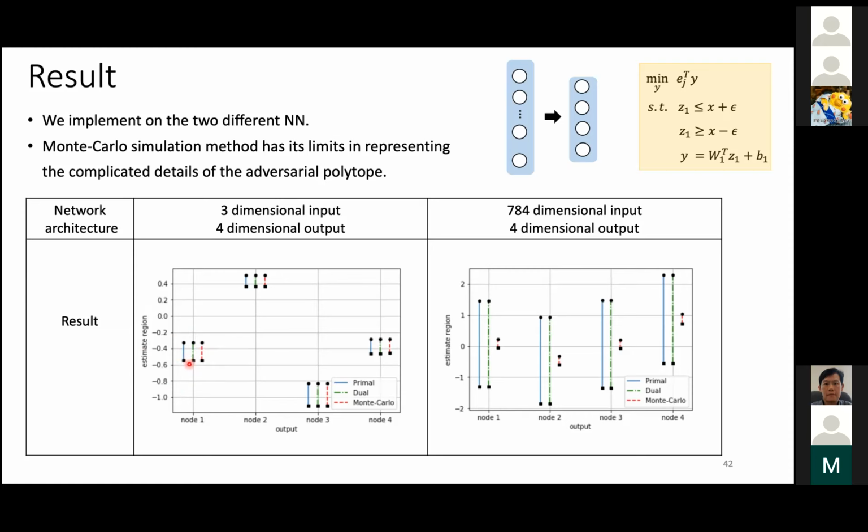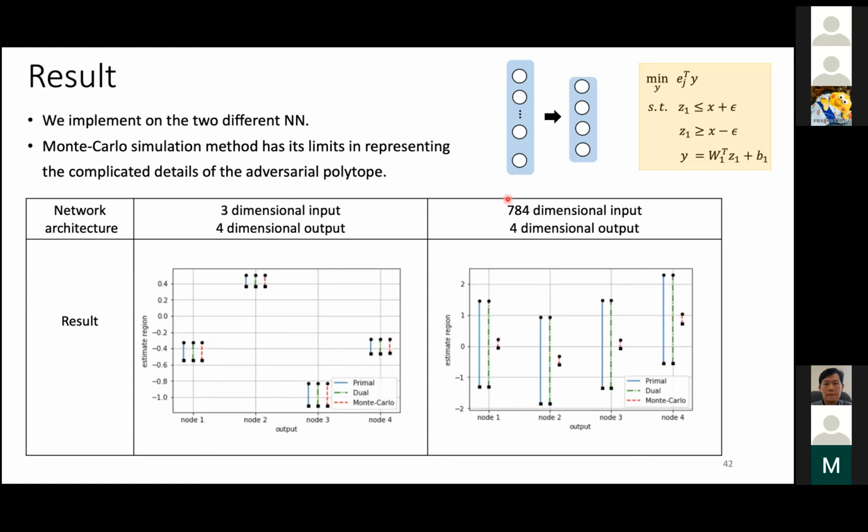So we can see that the primal is a blue line, the dual is the green line, and the Monte Carlo simulation is the red line here. So in this case, we can see that all nodes of these 3 approaches found the same upper and lower bounds here. And let's see the right figure here.